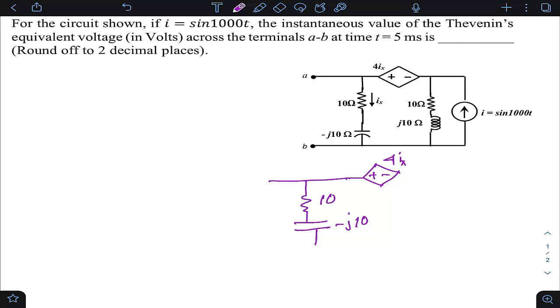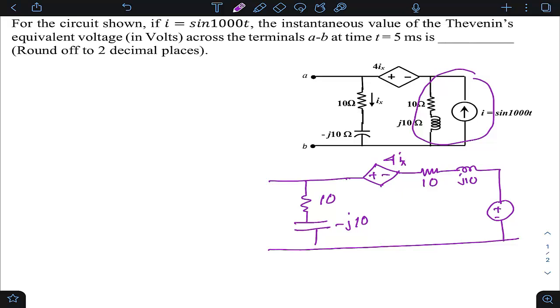And in these segments, after source transformation, you will have in series 10 and J10, and you have the practical voltage source, plus minus, like this.